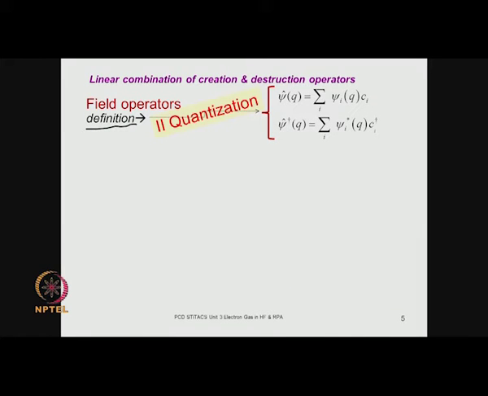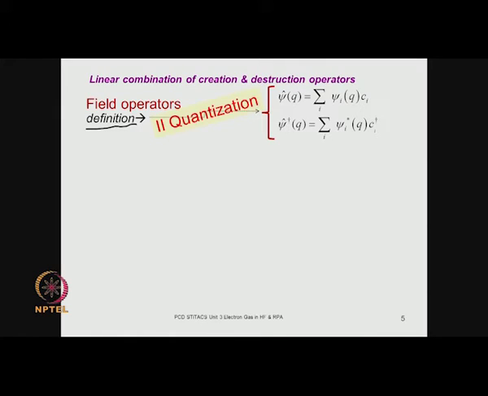Now, we work with the field operators. These are linear superpositions of the creation and destruction operators, and this is part of the reason this methodology is called second quantization, because in first quantization you replace the classical dynamical variables by operators, and now instead of the wave function psi you work with the psi on the left hand side, which is actually an operator rather than just a scalar function.